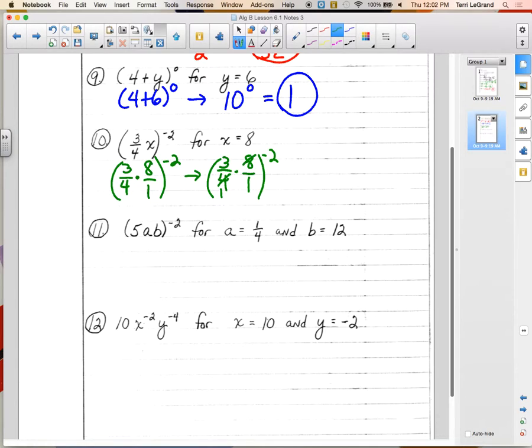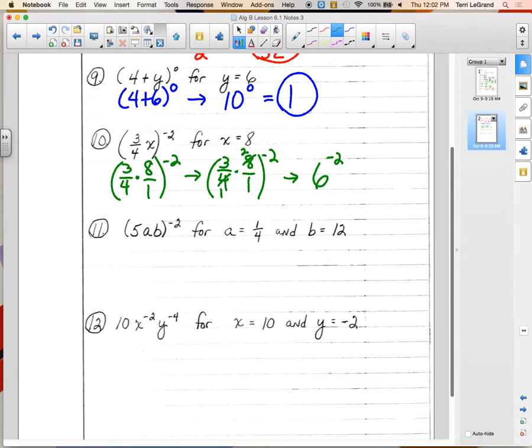What's that become? 2. Then we just have 1s downstairs, so it becomes 3 times 2 is 6, over 1, so it becomes 6. It's not a negative 6, so we don't have to worry about parentheses.